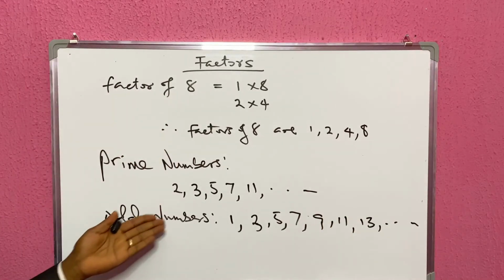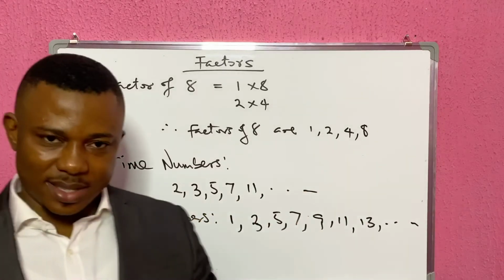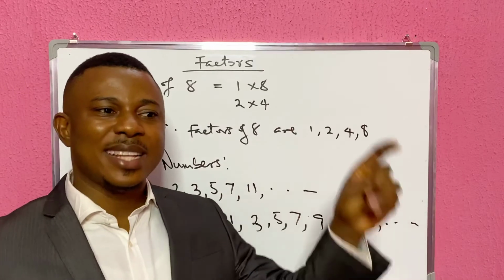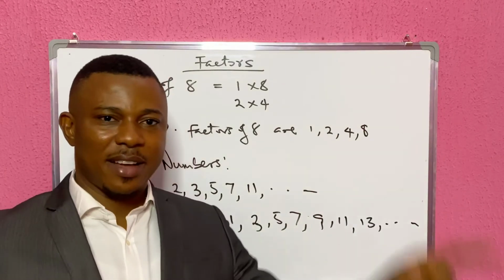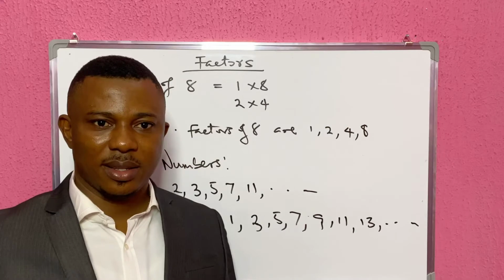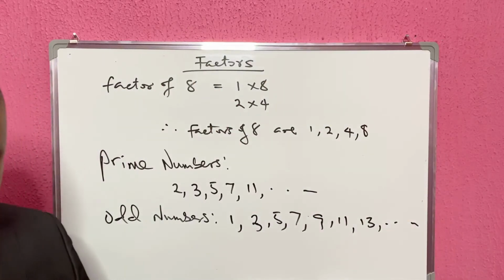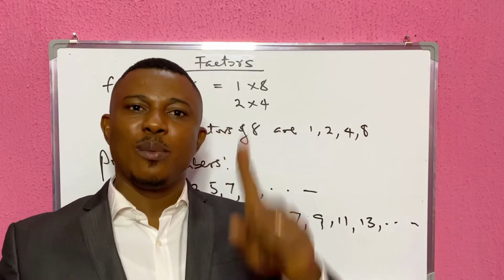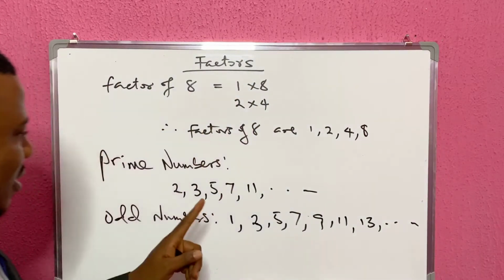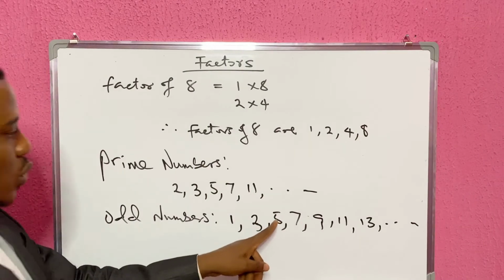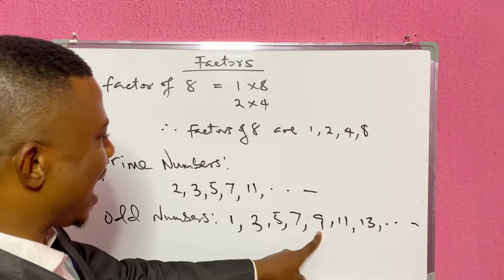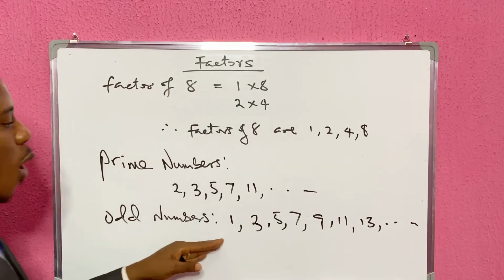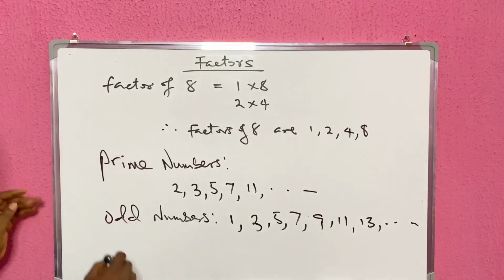So odd numbers are the numbers that 2 can divide and have a remainder, including 1. These are odd numbers. Take note.